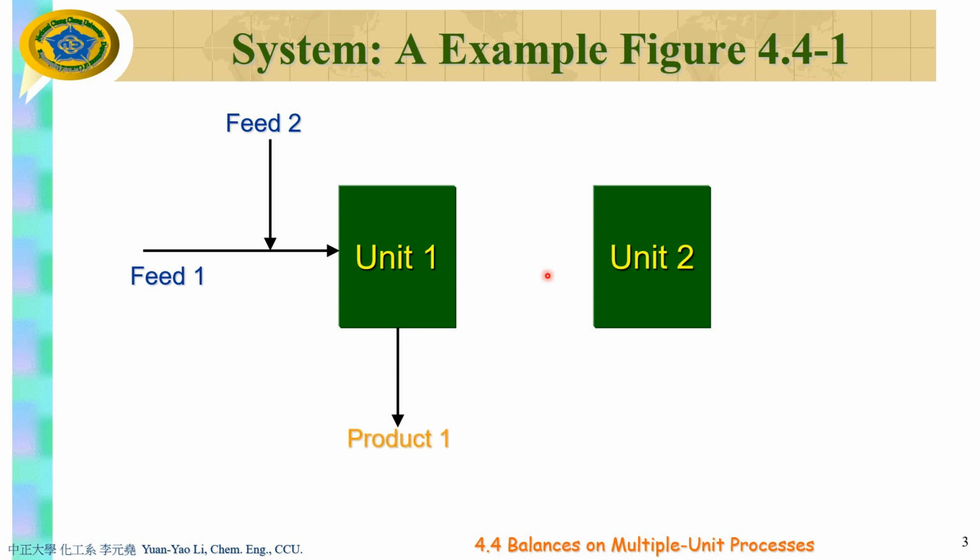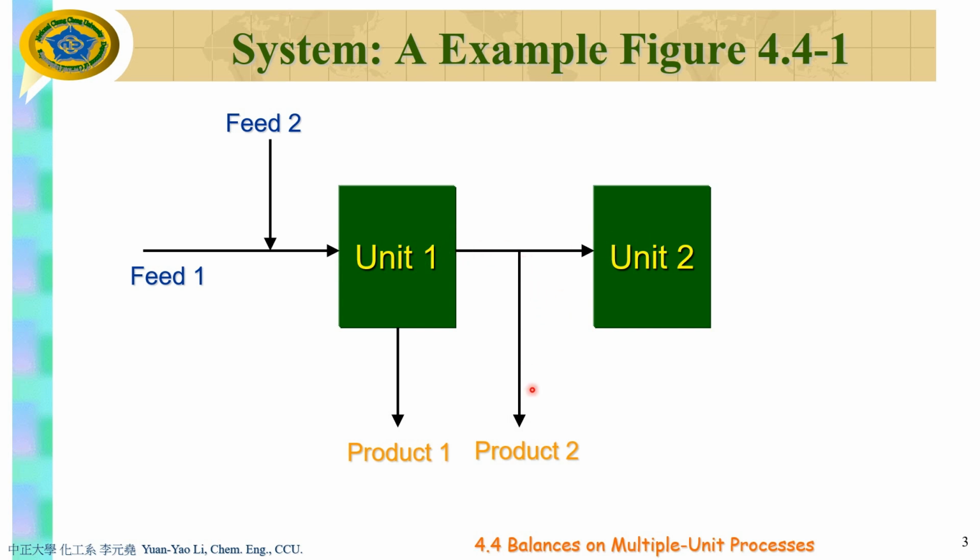So you have one output, which is product 1. Because this stream doesn't go to unit 2, the input will be feed and the output will be product. So this is product 1. Okay? So of course you have unit 1, and because the reaction isn't completed, this stream goes to unit 2.